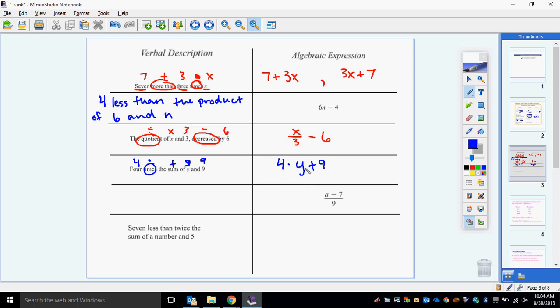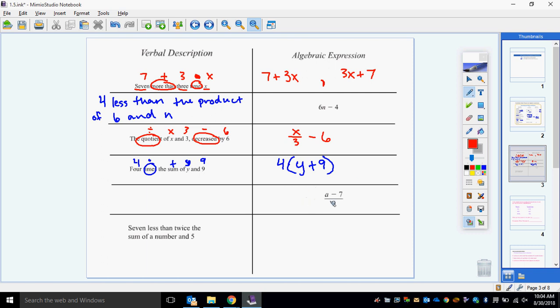But according to order of operations, you would have to do the multiplication before you did the addition. So that's not really what this is saying. It's saying take 4 times whatever you get when you sum y and 9 first. So I need to write this in a way that shows I'm taking y plus 9 first and then 4 times it. So I need to add parentheses in there.